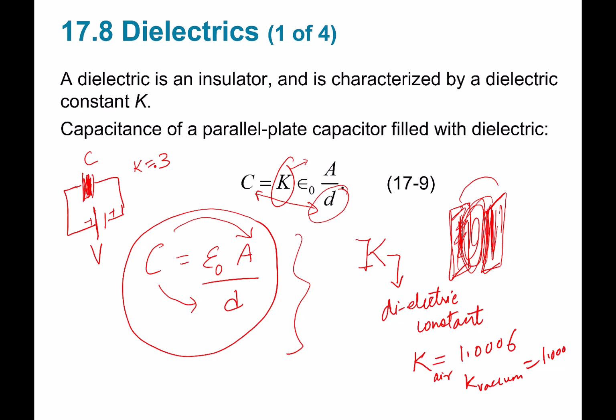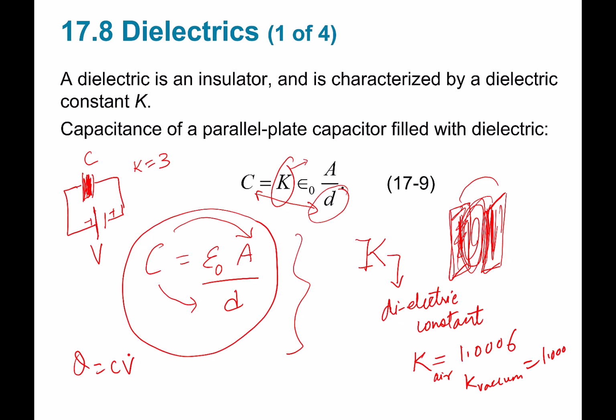Since the capacitor remains connected to the battery, the voltage stays constant and equal to the battery voltage. The capacitance increases when the dielectric material is inserted because K has increased. So if K increases, capacitance automatically increases. From the relation Q = CV, if capacitance is increasing, the charge will also increase.